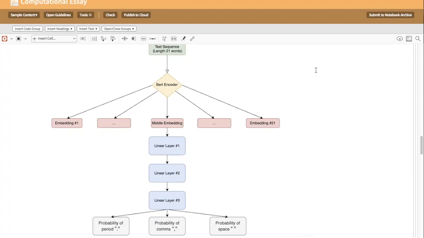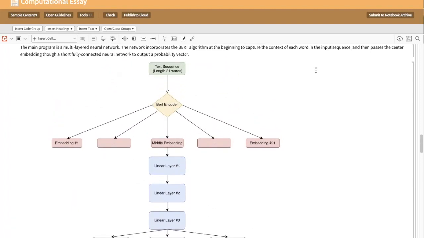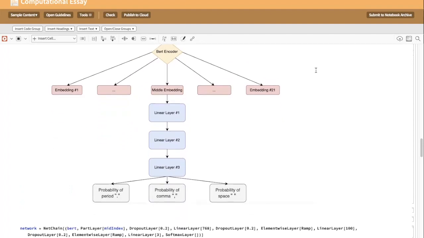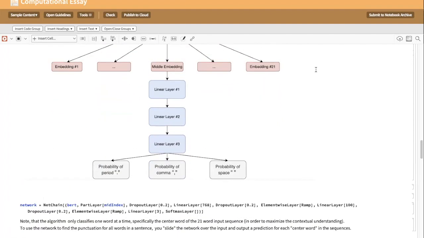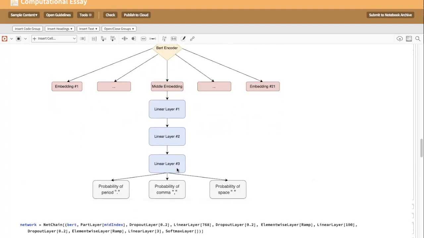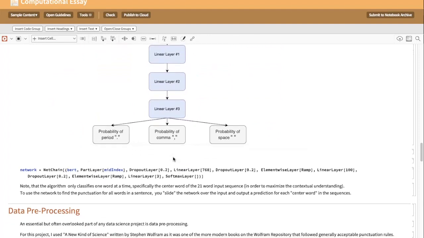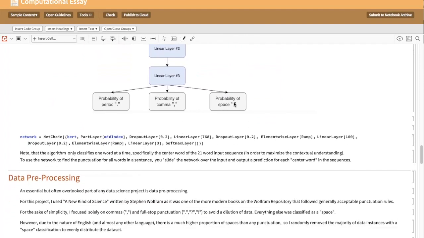Because the algorithm predicts punctuation for one word at a time, you have to slide the algorithm over the input for all words in a sequence. And yeah, here's the way I made it. Essentially, you have the BERT encoder. You specifically focus on the middle embedding, go through 3 fully connected linear layers, and output its prediction for punctuation, or if it's no punctuation, a space.